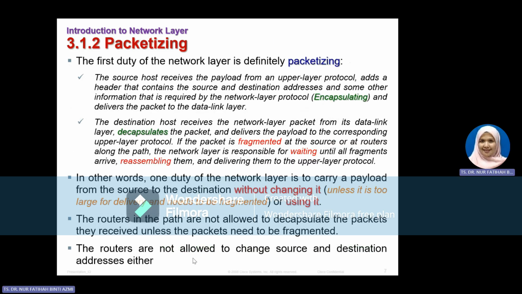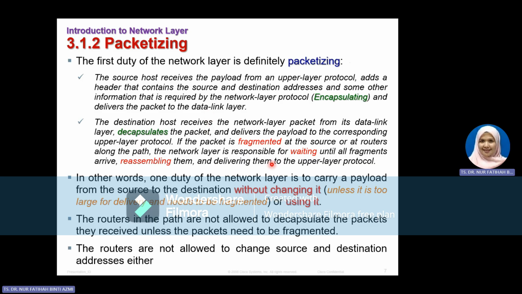Okay. The next most important duty in the network layer is packetizing. So what is packetizing? For example, at the sender, it takes the transport layer segment and adds the header, which contains the destination IP address, and passes it down.